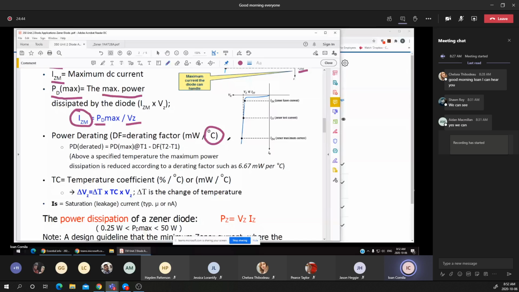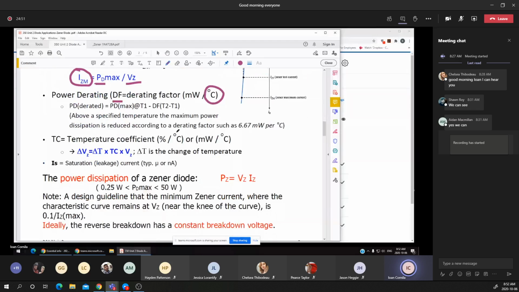Now we have to take into account the DF, or derating factor. That means that if the ambient temperature is greater than the standardized ambient temperature of 20 degrees, we have to lower the maximum power dissipation by a semiconductor, not just for diodes, not just for transistors, but generally speaking for any semiconductor.